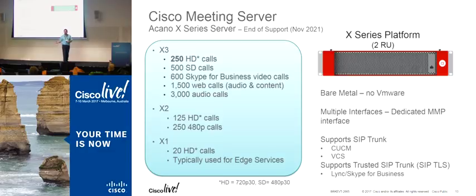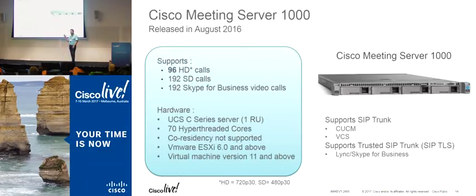Now, after the acquisition, Cisco introduced in August of last year the Cisco Meeting Server 1000. And the Cisco Meeting Server 1000 was based on the UCS C-Series, essentially chassis-based servers. And they were able to achieve 96 720p calls in a 1RU box.